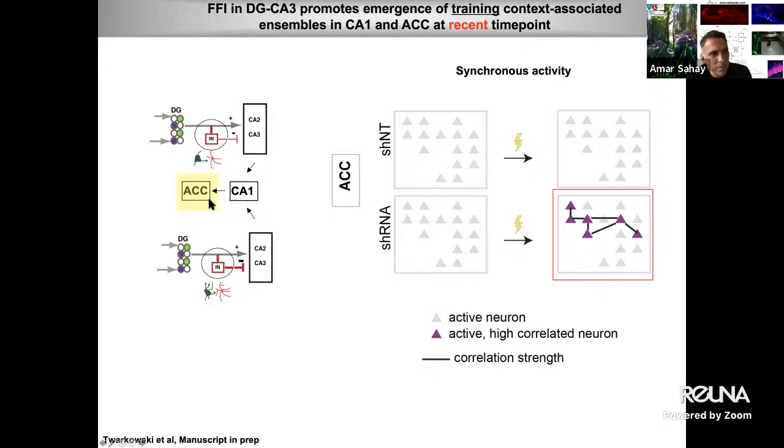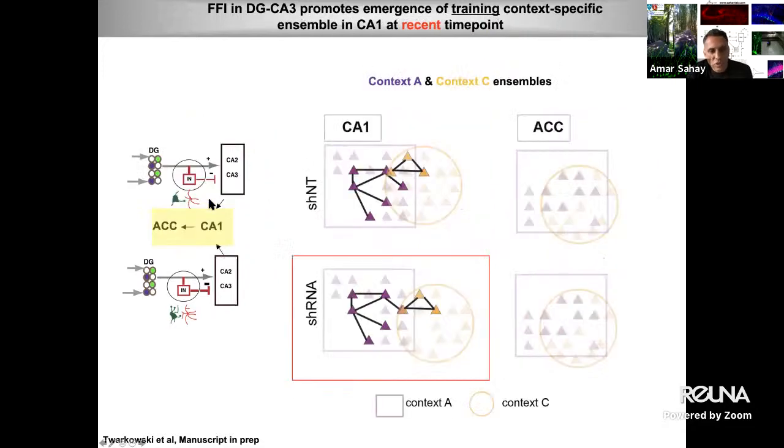We then asked, how do these ensembles change over time? And I should point out that at the recent time point, we also found, by looking at these A and C neurons, that in animals in which we had increased feed-forward inhibition in dentate gyrus CA3, we saw a decrease in the number of A and C neurons at the level of CA1, indicative of greater specificity of that ensemble.